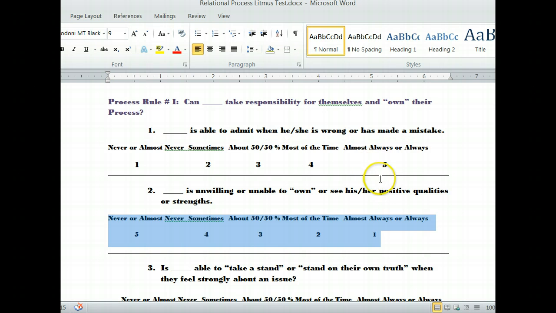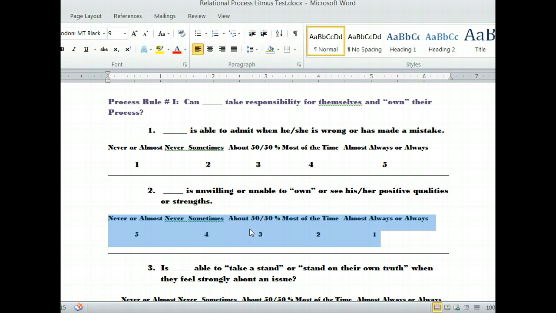So I'd circle Angela, let's say I'm using a blue pen for Angela. So I'd circle 5 for Angela. For myself, since I take it at the same time, I'll say, can Chris take responsibility for themselves and own their own process? And I might say, well, I'm not as good about that as she is, so I'll say most of the time. So I'll put, let's say, my pen in red and say, okay, so Chris gets a 4, Angela gets a 5.